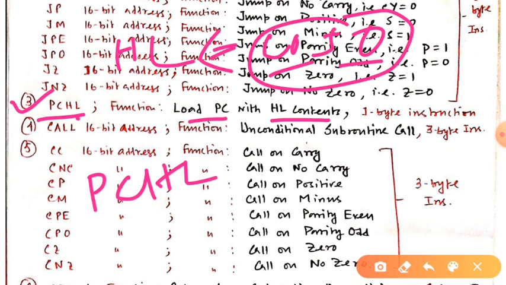It is branching the sequence of program execution from one particular memory location to another memory location. However, it is not checking any condition. It is always taking the jump decision. That is why it is also called an unconditional jump.